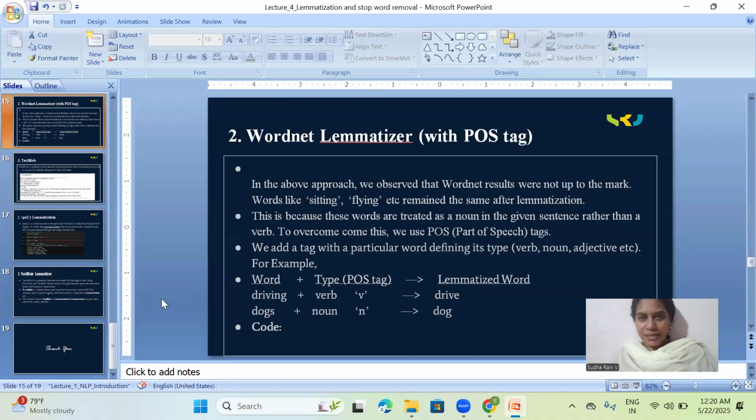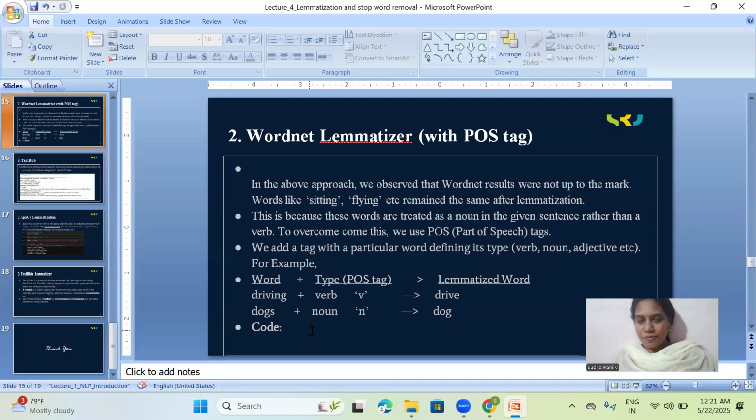A WordNet lemmatizer with a POS tag is also there. With the POS tag, we can see simple examples. Driving plus V tends to drive. V stands for verb. This is called the POS, parts of speech, tag.